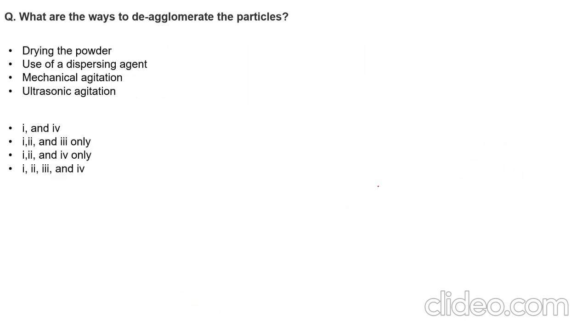How to avoid moisture in bulk material storage, ma'am? Yes, this question is related to that. The question says, what are the ways to de-agglomerate the particles? First is drying of the powder, use of a dispersing agent, mechanical agitation, ultrasonic agitation. Silica gel is one of the options used on a large scale as a dispersing agent.